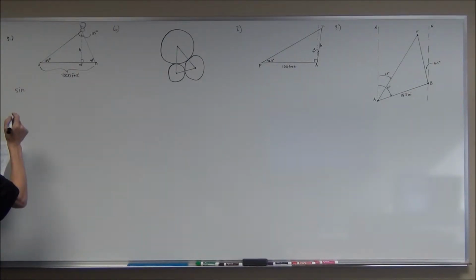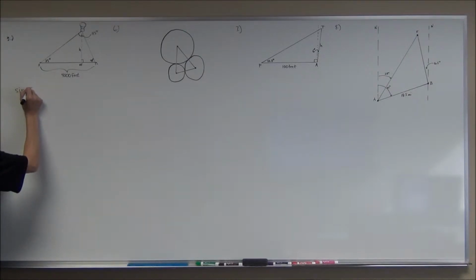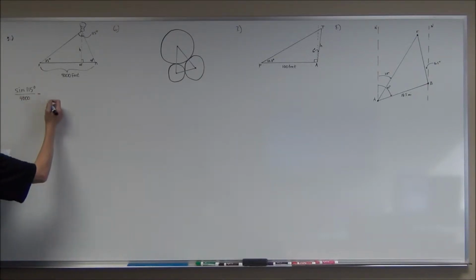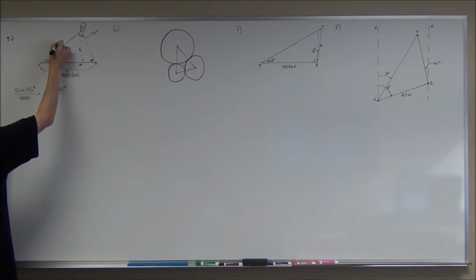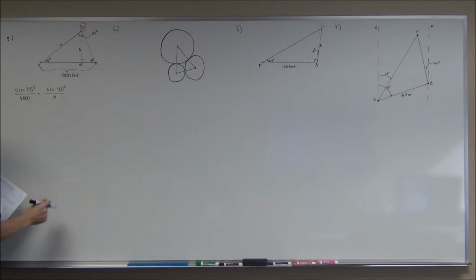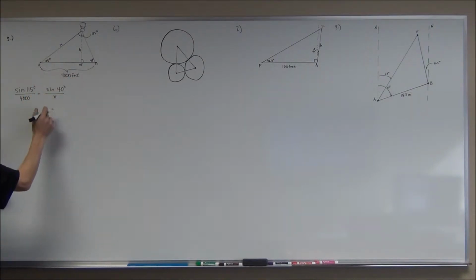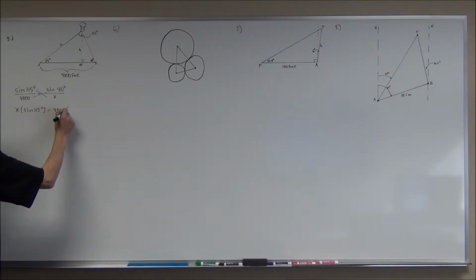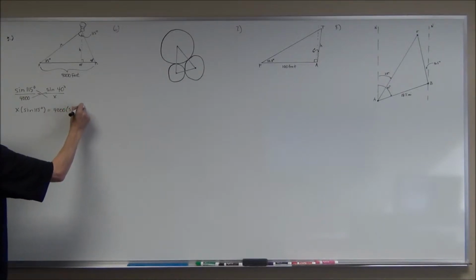So I'm going to take the sine of 115 degrees, and I'm going to put that over 4,000, and I'm going to set that equal to the sine of 40 degrees, and I'm going to put that, just call this x for right now, all over x. So I'm using the law of sines here, cross multiply, I get x times the sine of 115 is equal to 4,000 times the sine of 40.